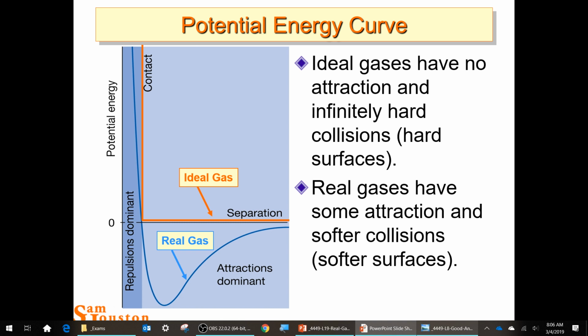They're just point masses, and when they do collide, if they do try to occupy the same coordinate, it's infinitely hard, which means all the energy they bring in is conserved and goes out. So there's no loss of energy in a collision. They're perfectly elastic collisions. We know that that's an ideal case, not a real case.